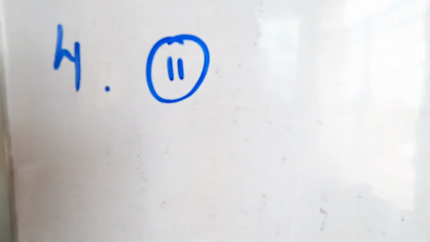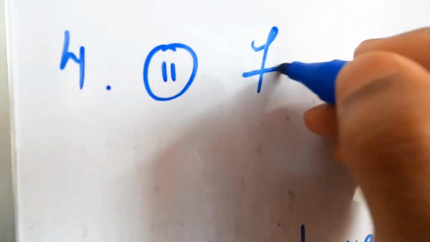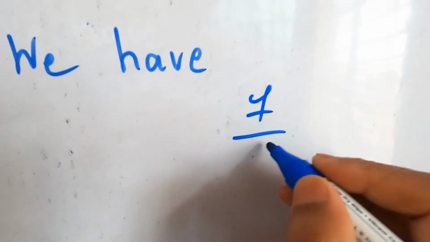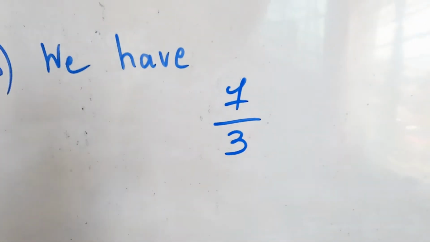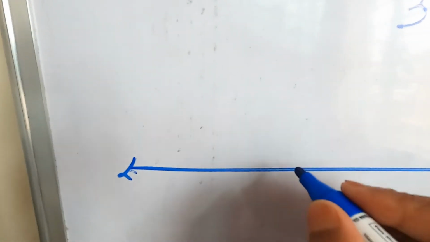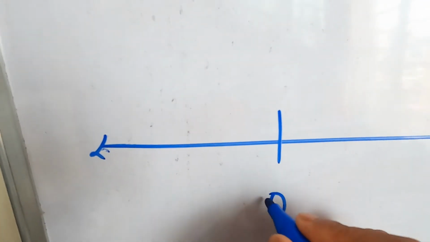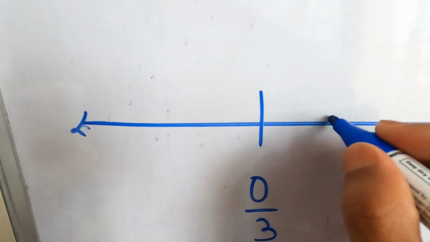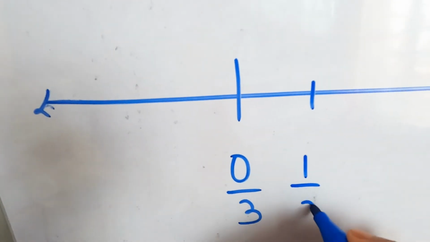Alright, now question number 4, number 2. So we have 7 by 3. Alright, so we have 7 by 3. So let us represent this in the number line system. So here will be 0 by 3. So here will be 1 by 3.